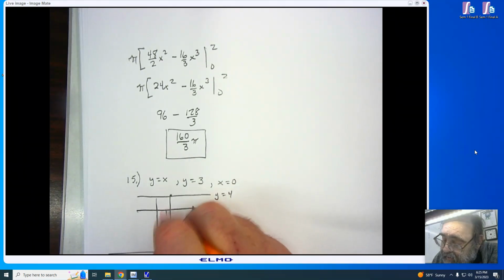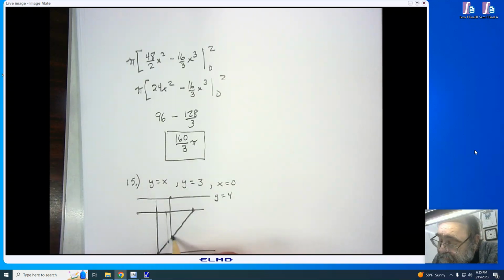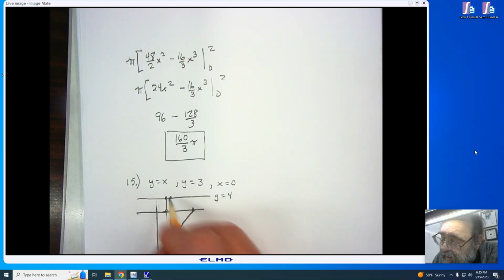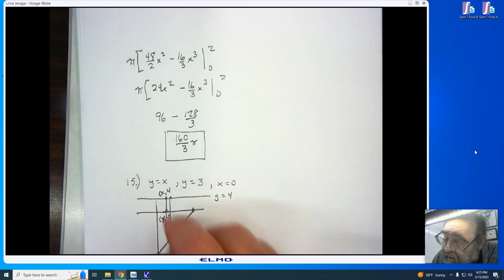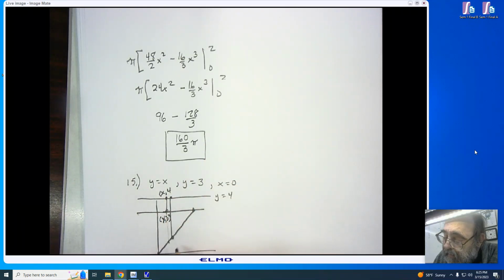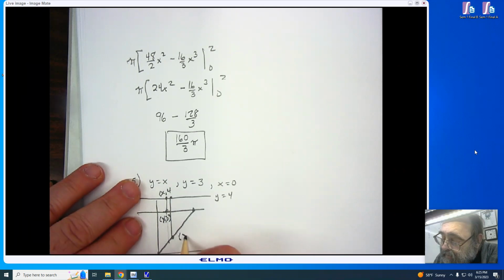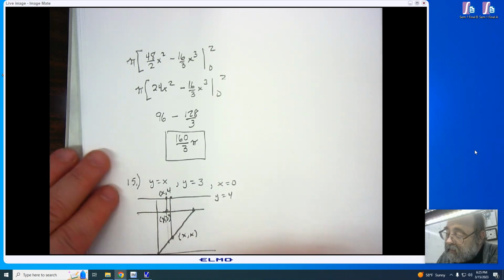Let's make sure we do the correct segments. There you go, Mr. Lamb. This right here is x comma 4. This is x comma 4, x comma 3. This piece is our x comma x.